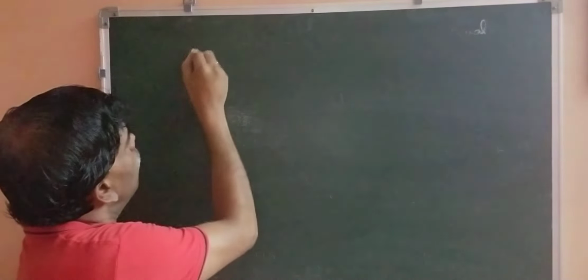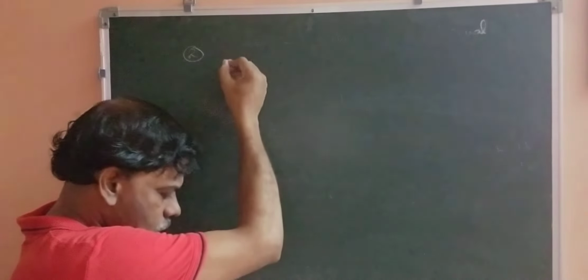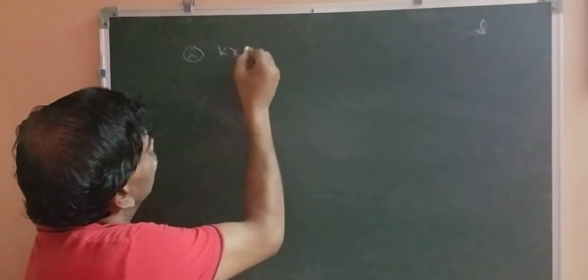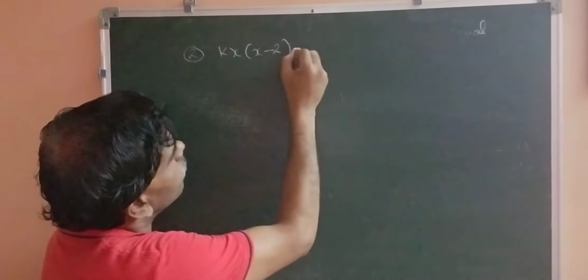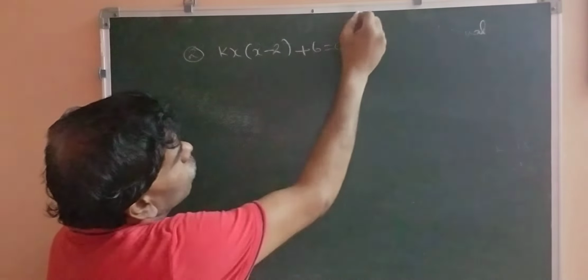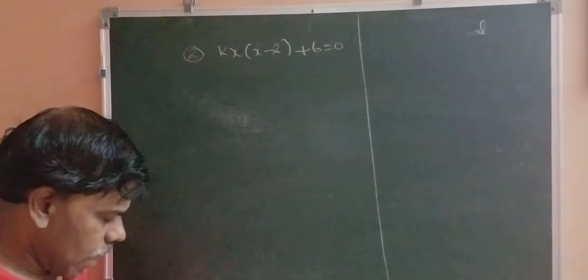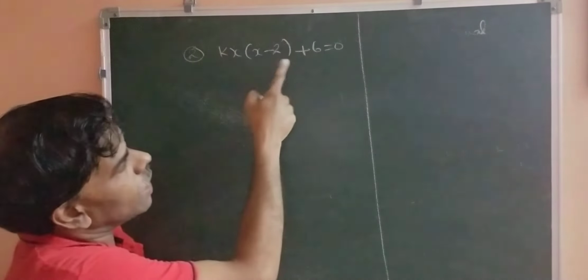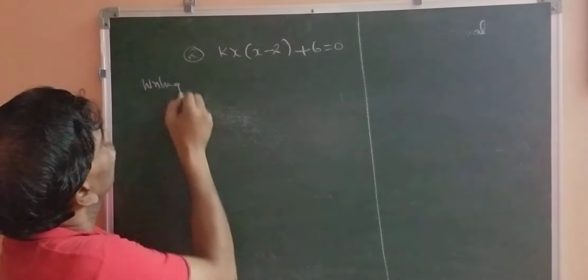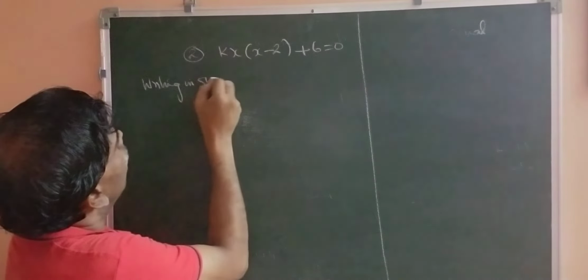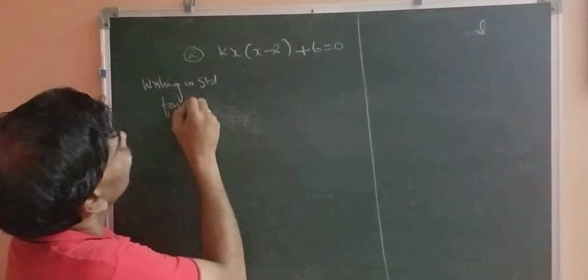In that second sum, kx into x minus 2 plus 6 equal to 0. Okay. So now we will write in the standard form. Writing in standard form.